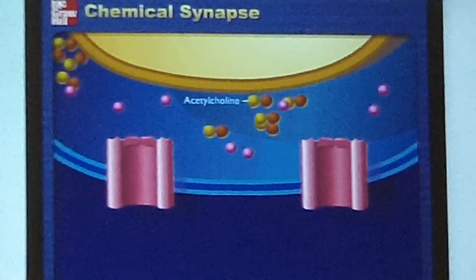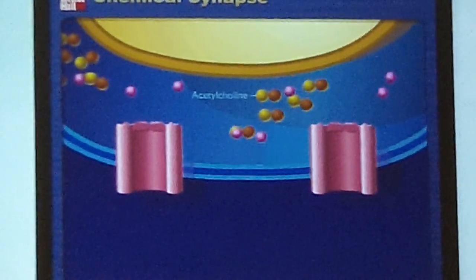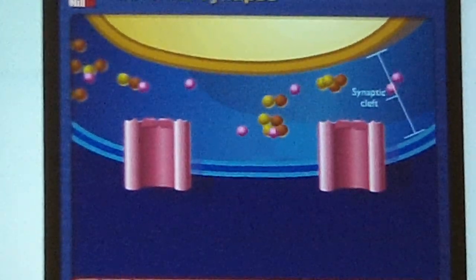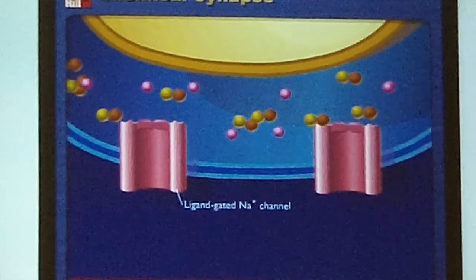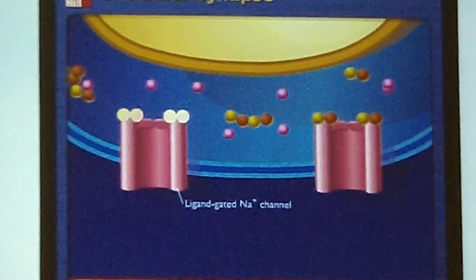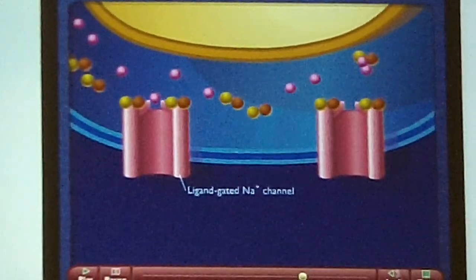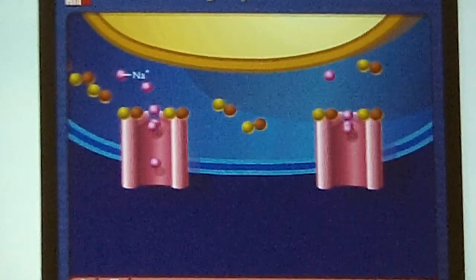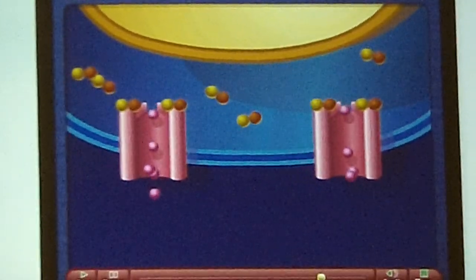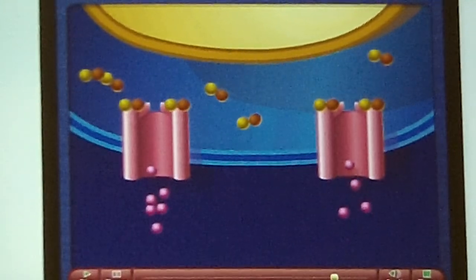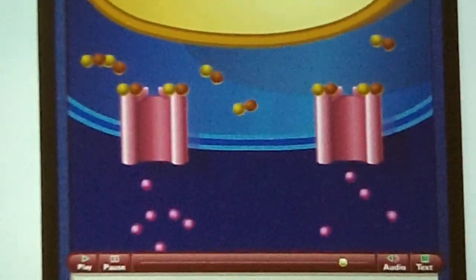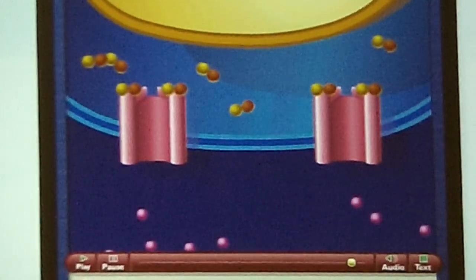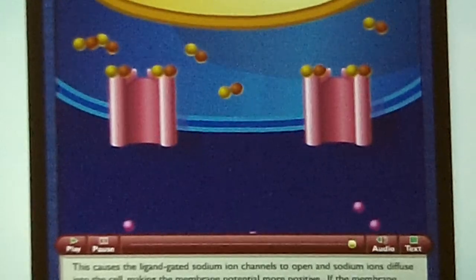Acetylcholine molecules diffuse from the presynaptic terminal across the synaptic cleft and bind to their receptor sites on the ligand-gated sodium ion channels. This causes the ligand-gated sodium ion channels to open, and sodium ions diffuse into the cell, making the membrane potential more positive. If the membrane potential reaches threshold level, an action potential will be produced.